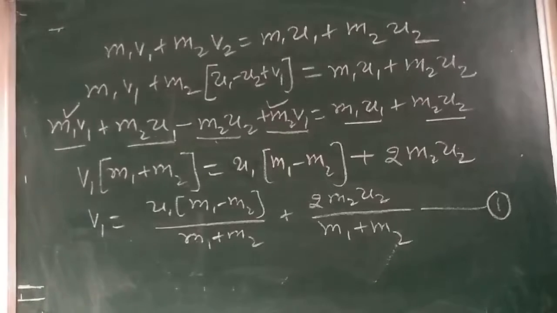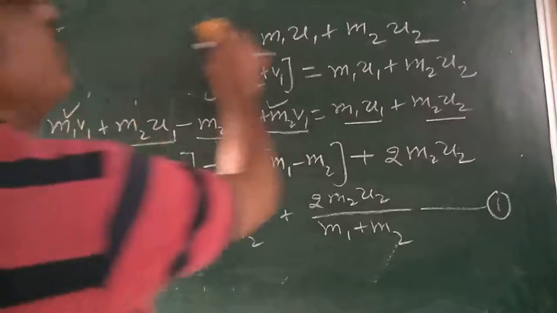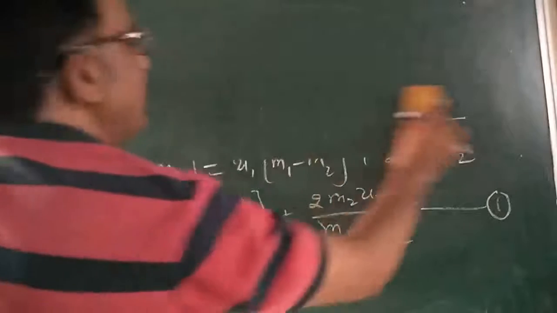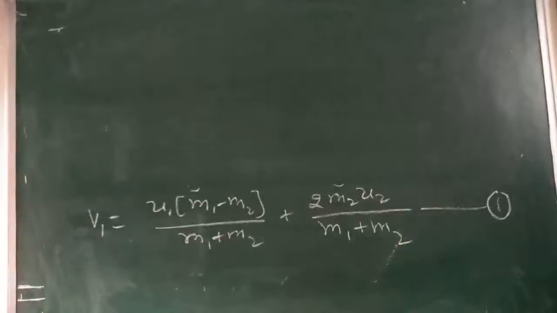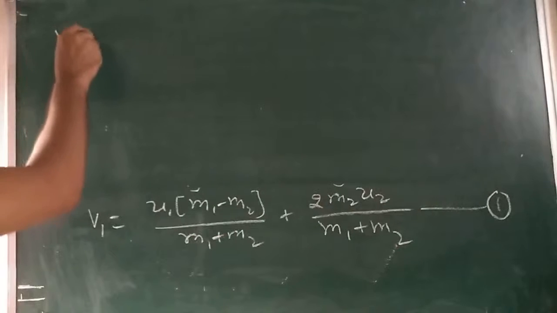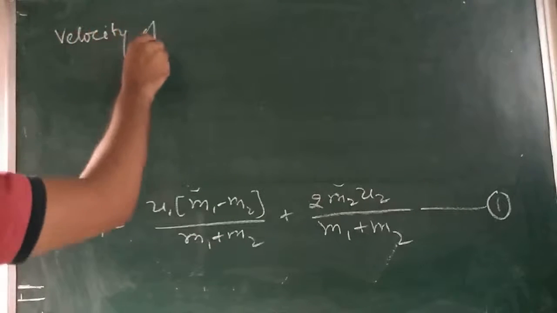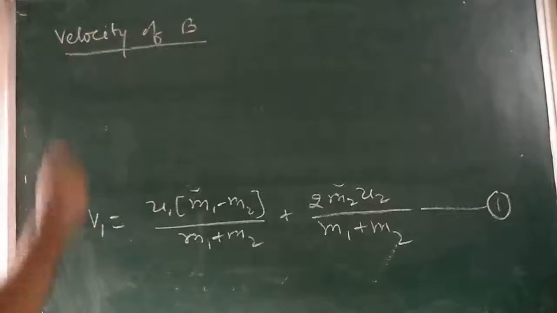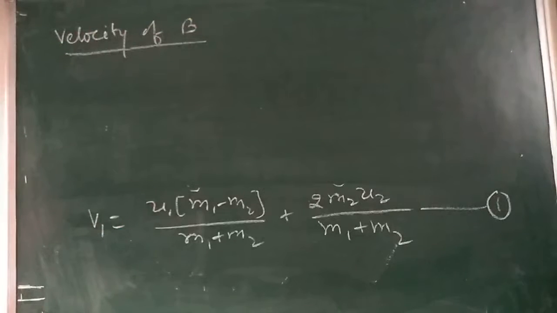Now what is the velocity of B? The velocity of B after collision is v2. That I am going to find out. So the velocity of B I am going to calculate.